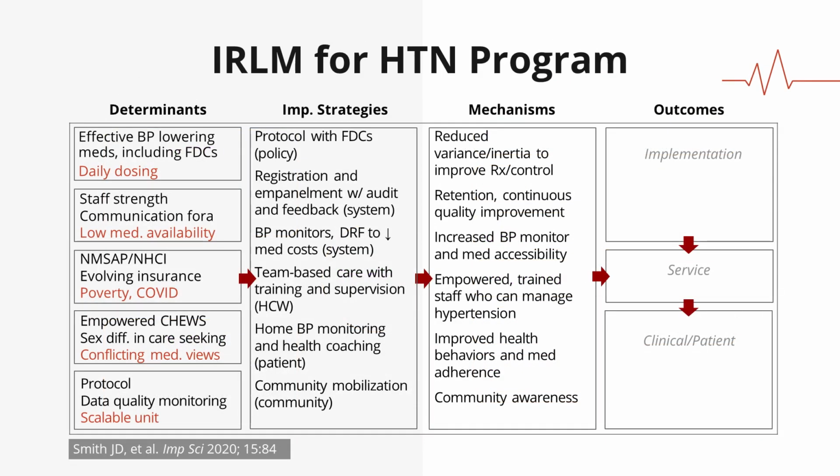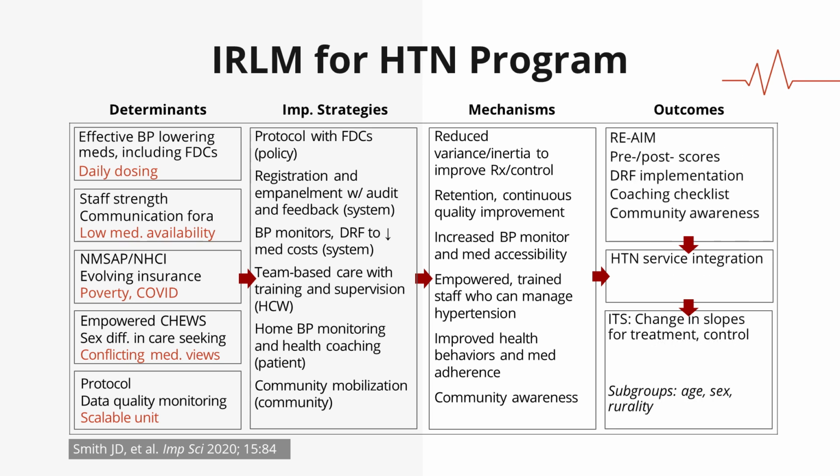So we're back to our implementation research logic model. And last, we want to talk about the outcomes. I mentioned in the aims that we were using the RE-AIM framework on the back end: reach, effectiveness, adoption, implementation, and maintenance. I'll get into some of the details a little bit later. We're also looking at the pre- and post-training test scores. We're looking at details of the drug revolving fund implementation.